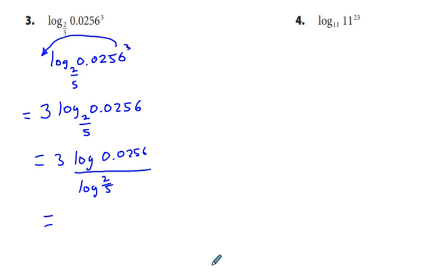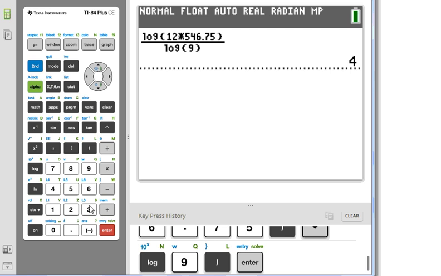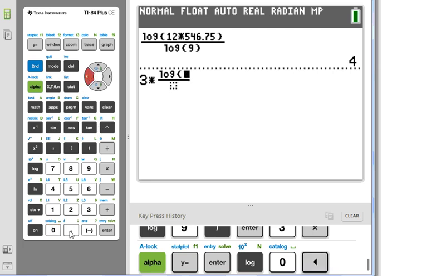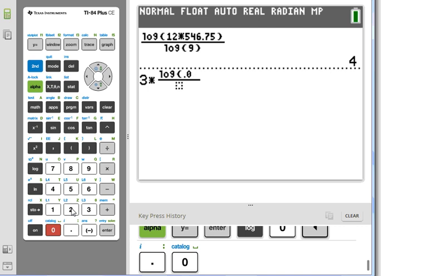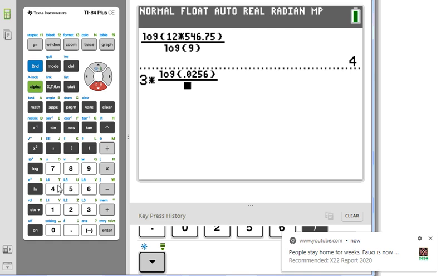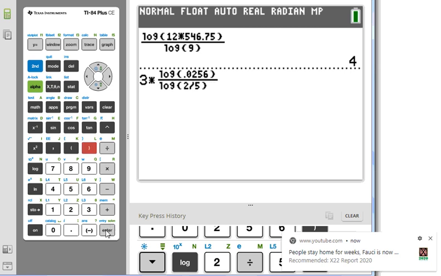So we can go to our calculator now, and we put 3 times log of 0.0256 over log of 2 divided by 5, and that should give us our answer here, 12.